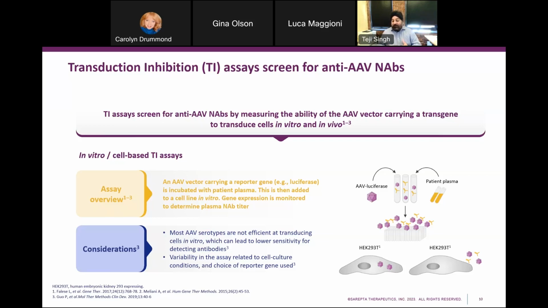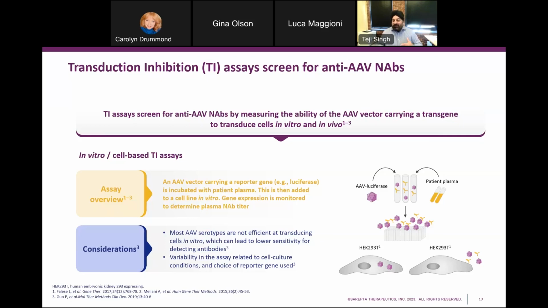And if it prevents it from getting into the cell, you don't get the readout of that reporter gene. That gene can't actually produce the reporter protein, so you don't see it. So that would be a positive response to show that there is an AAV neutralizing antibody to that specific capsid. If it does get in, you will get a signal, and that signal will say, well, there isn't one, or if the signal is weak, that is actually not fully neutralizing.